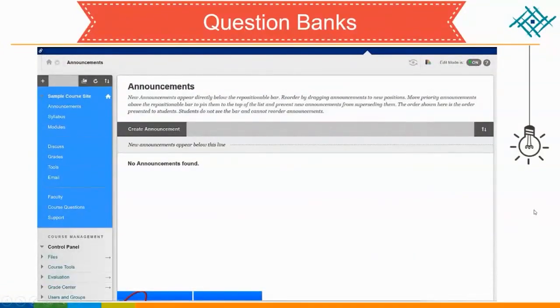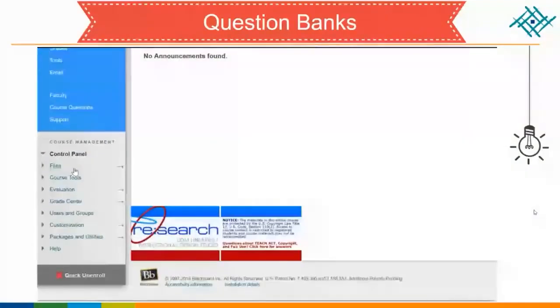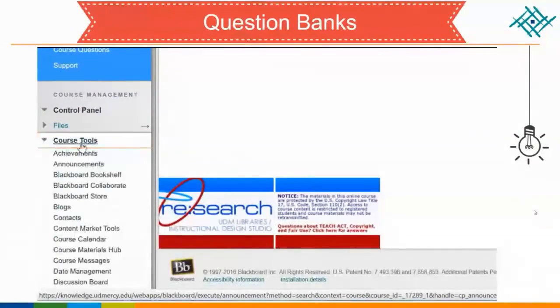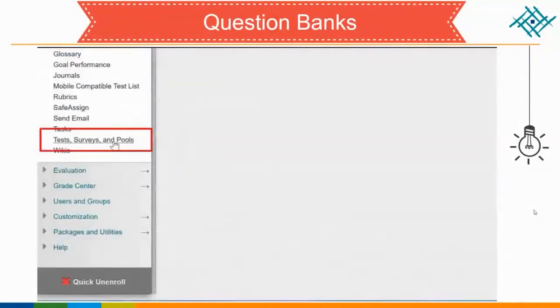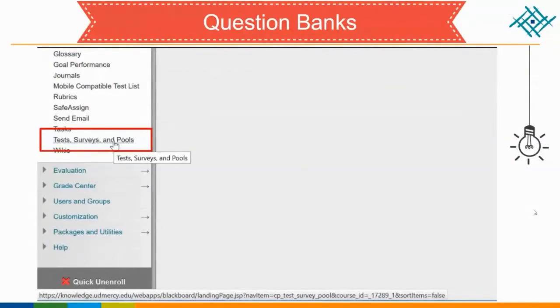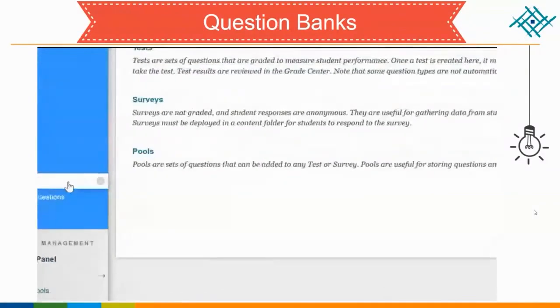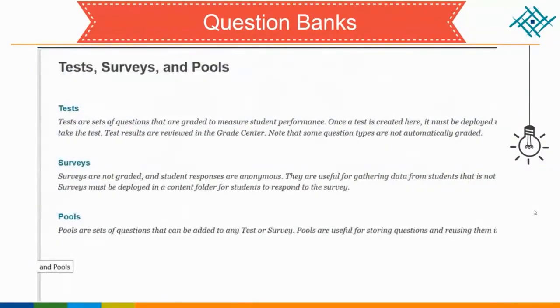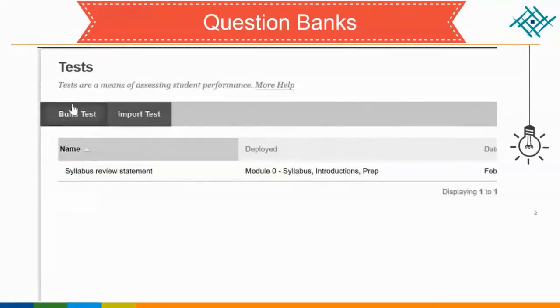To get started creating a test using question pools, open the Course Tools header, then choose Test Surveys and Pools. If you plan to create, say, a 45 question test using only 45 questions, you could go straight to Tests and then click Build Test and start adding questions.